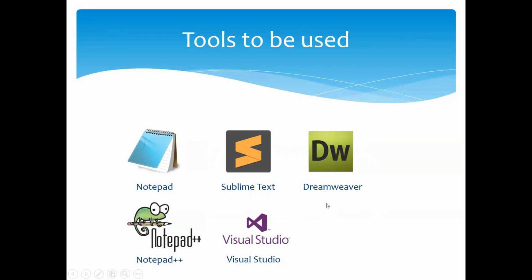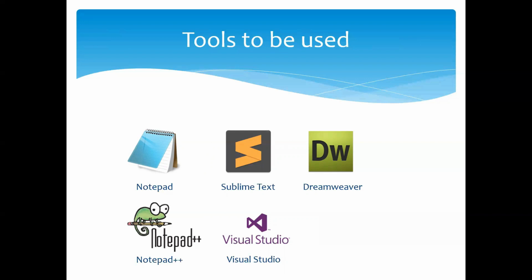Again, this is similar to Dreamweaver. The average size of Visual Studio is 3 to 5 GB. Whenever you want to use Visual Studio, you have to purchase a license from Microsoft. The last one that is present is Sublime Text.